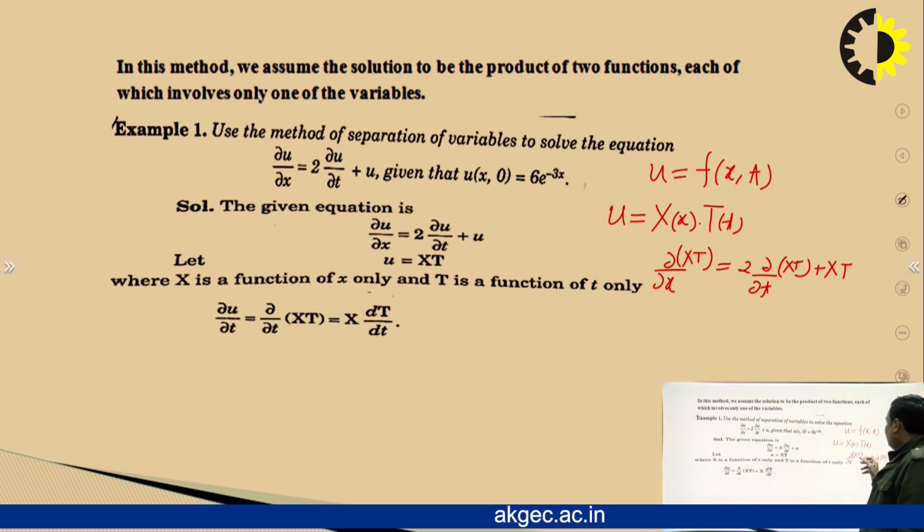Here on the left hand side, we operate the partial derivative on XT, where capital X is a function of small x and capital T is a function of small t. So we partially differentiate with respect to small x, and that's why T is a constant.